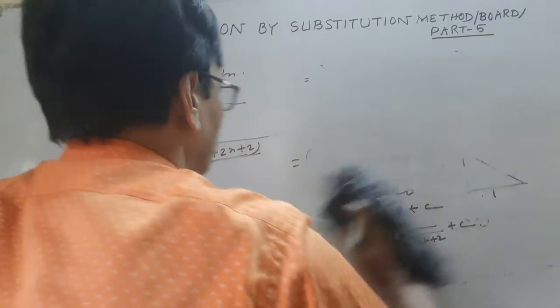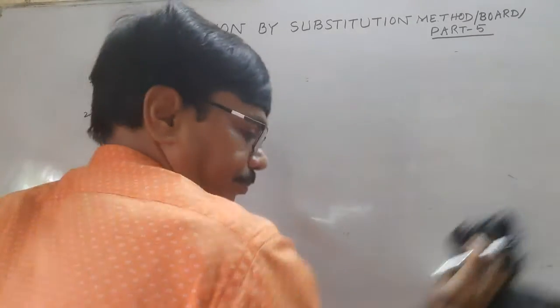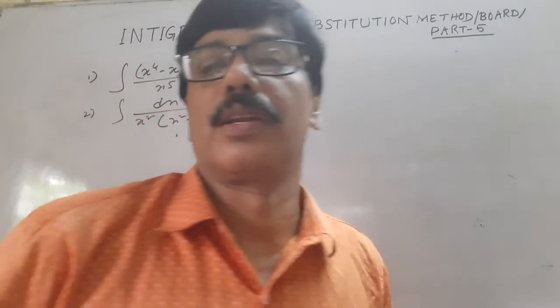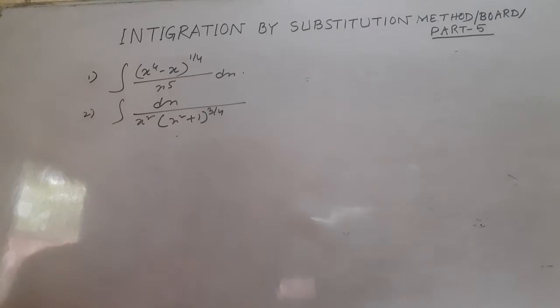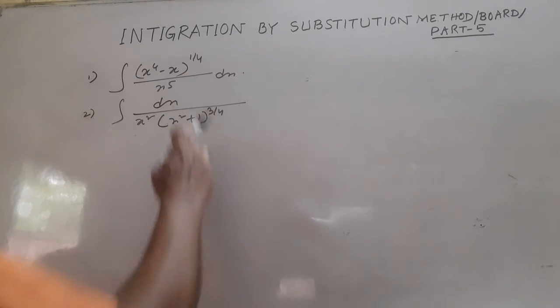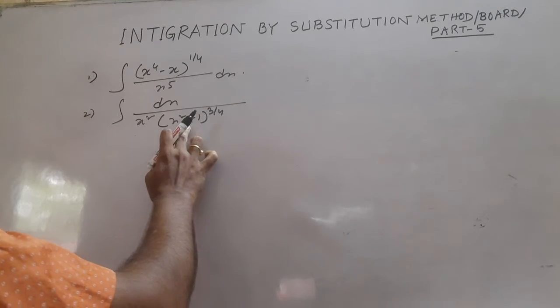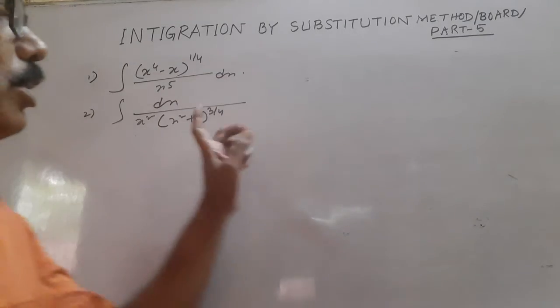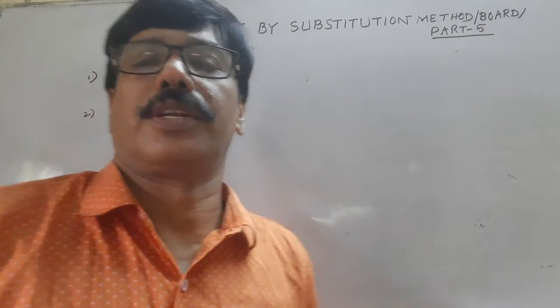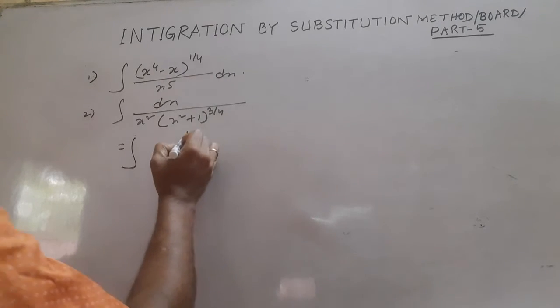Now these two are of the same type. So consider the next problem. Now you can put tan theta, but this is sec square theta to the power 3 by 4. The root is not eliminated. So that is why we use an alternative.